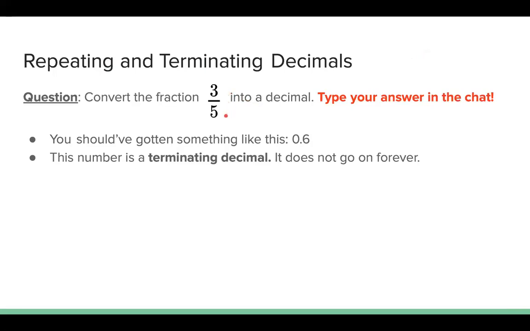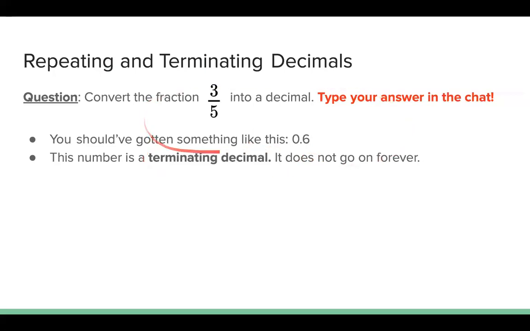Okay, let's see. What would we have to multiply 5 by to get to 100? 20. Yeah, okay. So we multiply 3 by 20, and we multiply 5 by 20, and you get 60 over 100. And that's the same thing as 6/10. This would be 0.60. So it's just easier to do it with a 10. That's right. It's less numbers, less confusing.